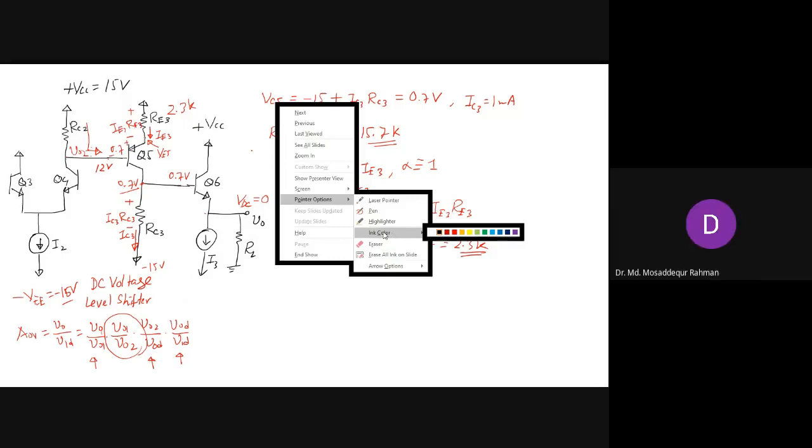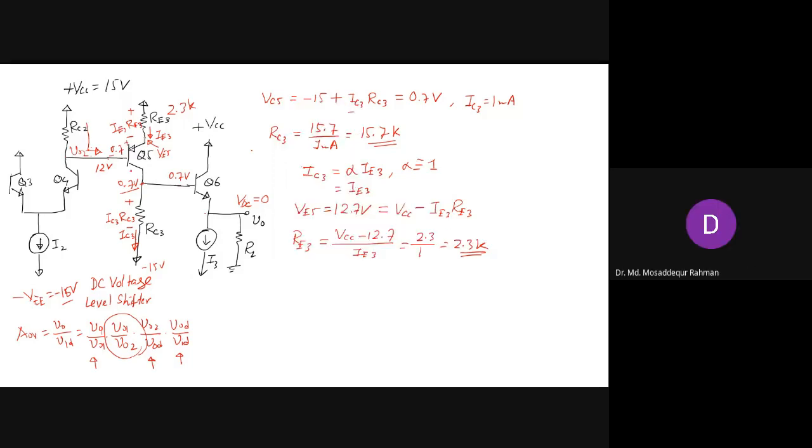What is the amplifier configuration of Q5? Sir, common emitter with RE. Common emitter with emitter resistance.